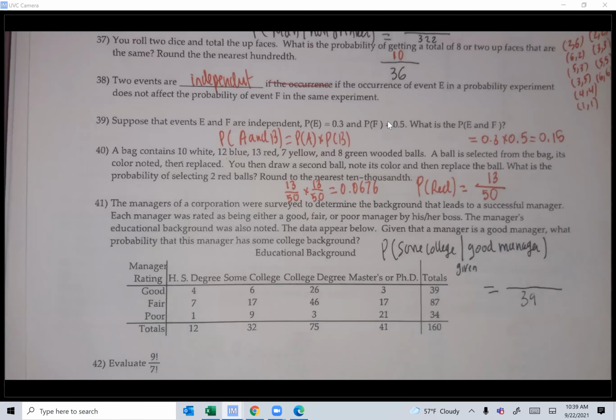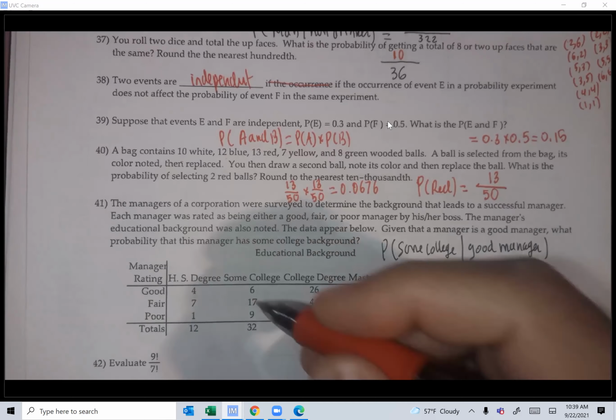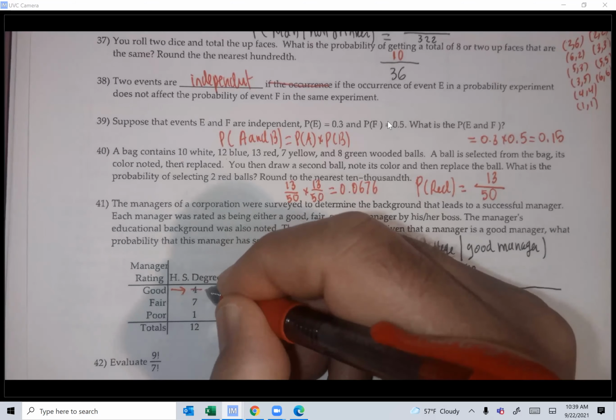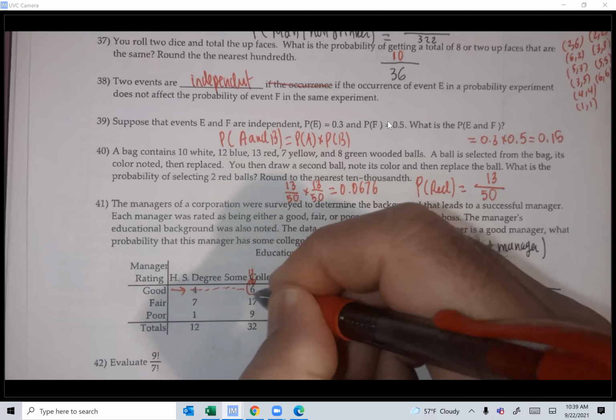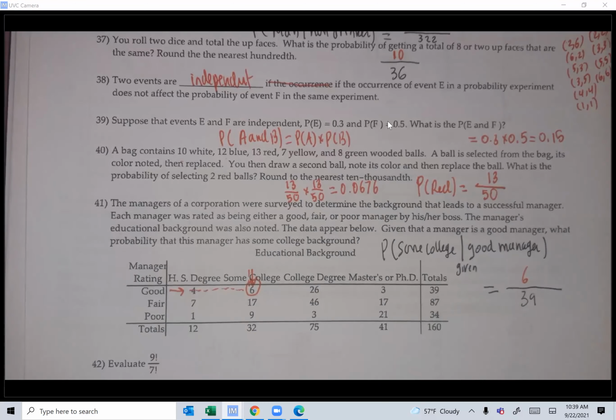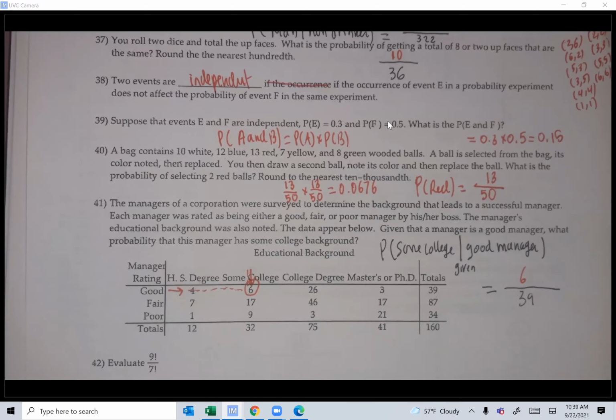And now I want some college and a good manager right here. Where do they meet? At 6. That's the answer, 6 over 39. Let's add another question about the OR here.